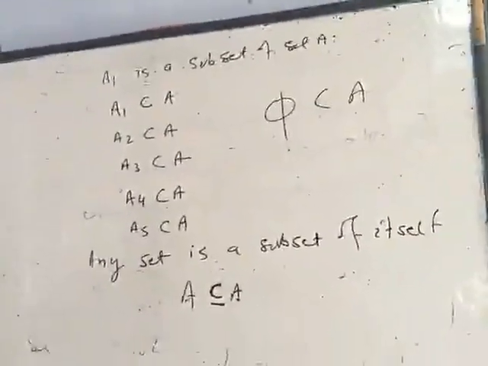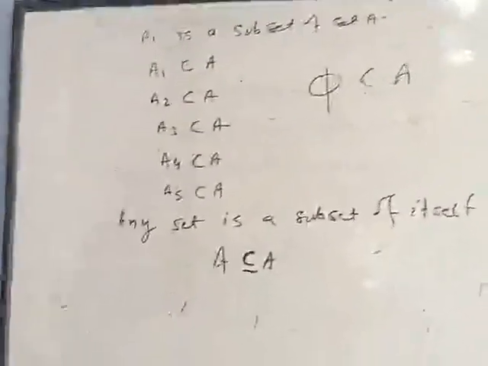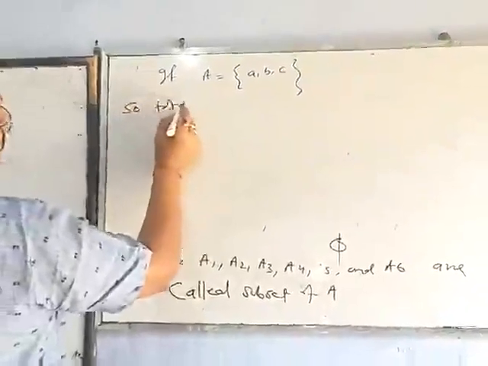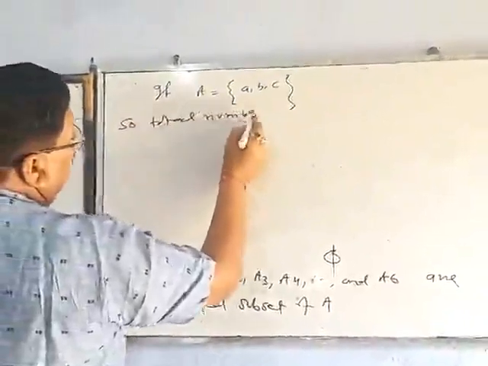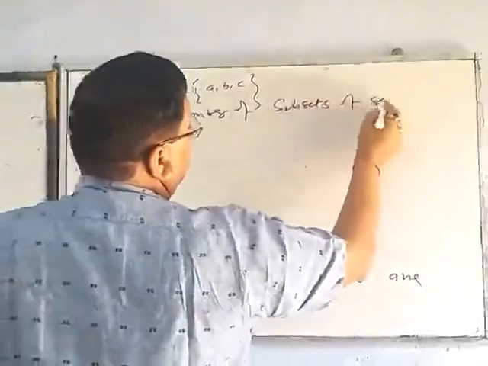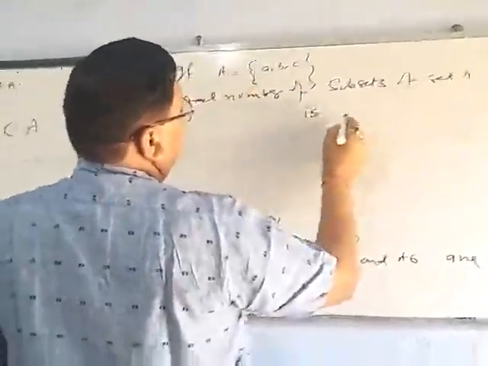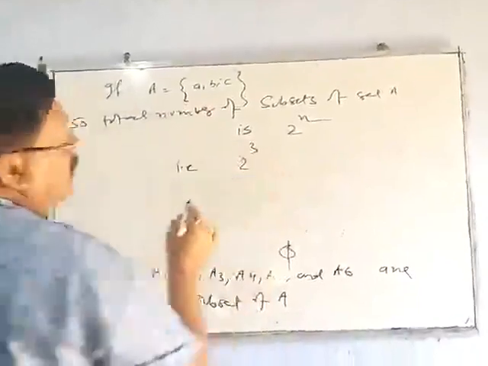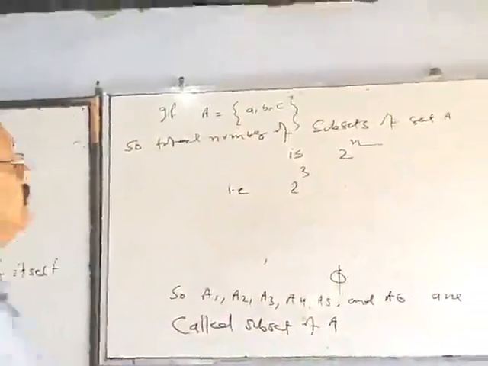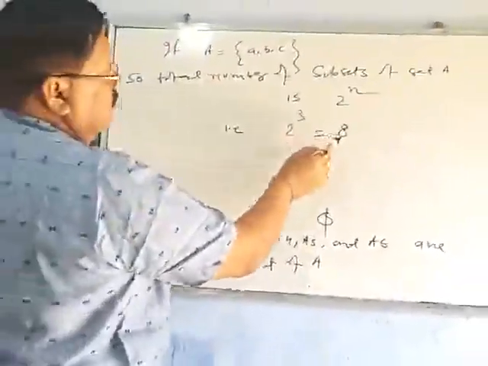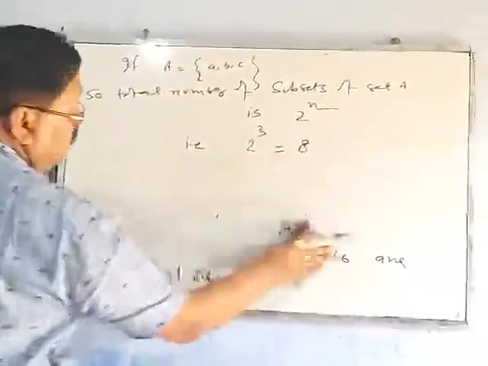So how many subsets does a set have? There is a formula by which we can count the total number of subsets. The total number of subsets of set A is 2 to the power n. Here n is 3, so 2 to the power 3 is 8.